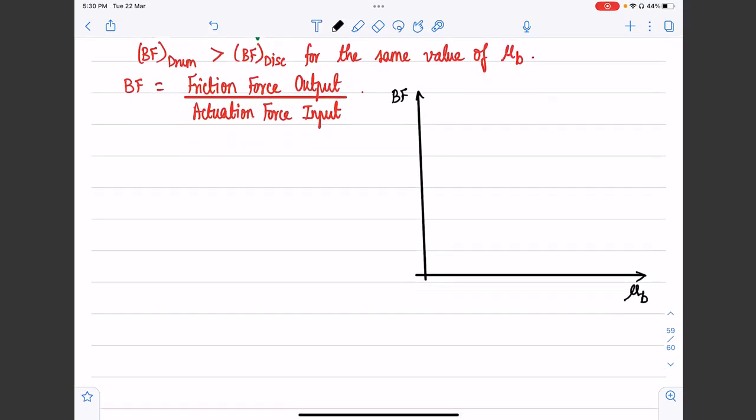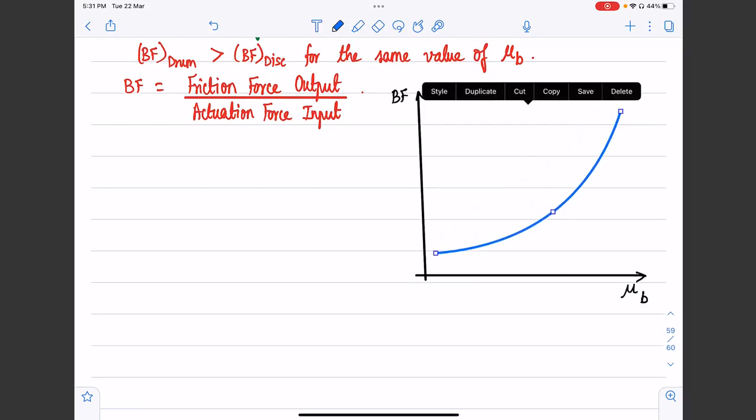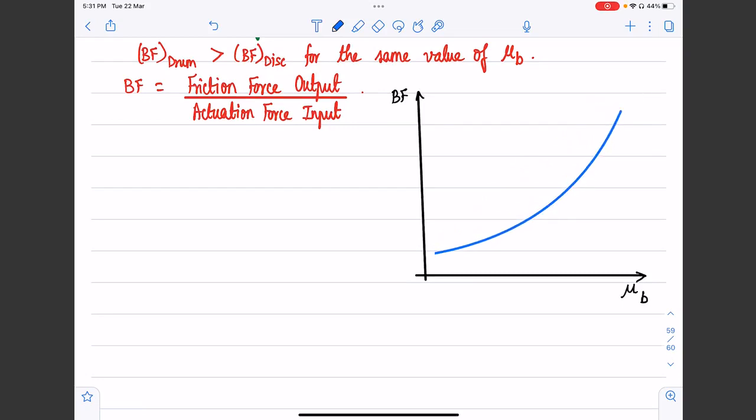Once again, I'm going to do a very qualitative analysis, drawing some representative figures that show how the brake factor varies. Although the brake factor for a drum brake is much higher than for a disc brake, the variation is going to be a non-linear curve for a drum brake, so I am just drawing an approximate curve.